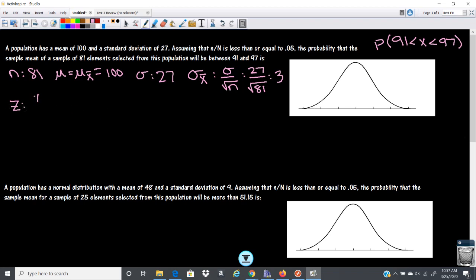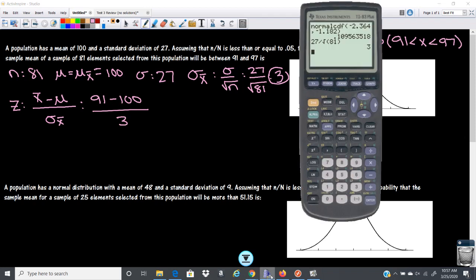It's x bar minus our mean of x bar, or just our mean, over the standard deviation of x bar. The standard deviation is just different here. Once you find the standard deviation of x bar, that's the value you're going to be using. So for 91, we're going to go 91 minus 100 over 3, which gives us -3.